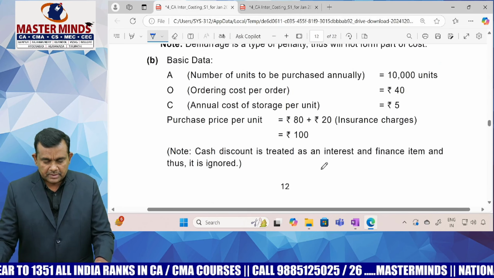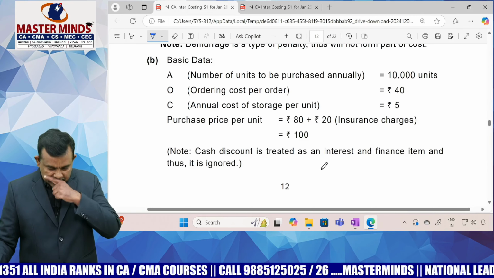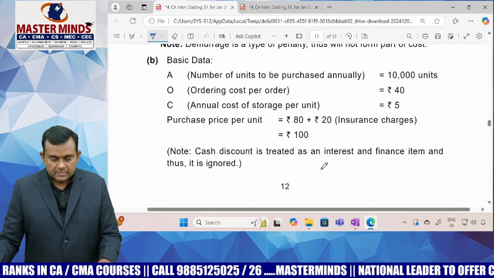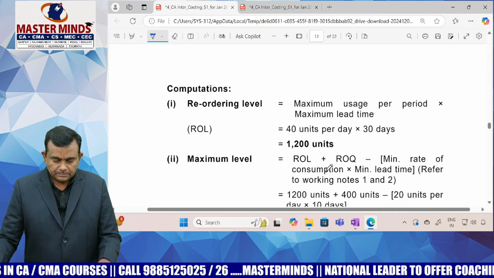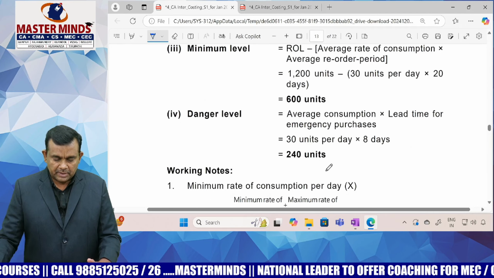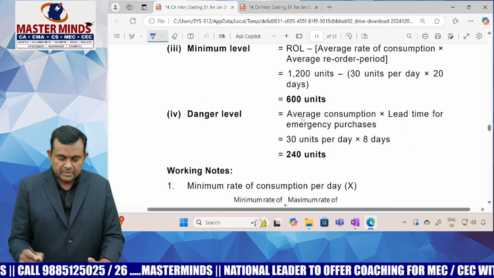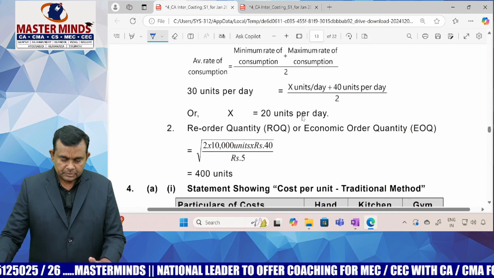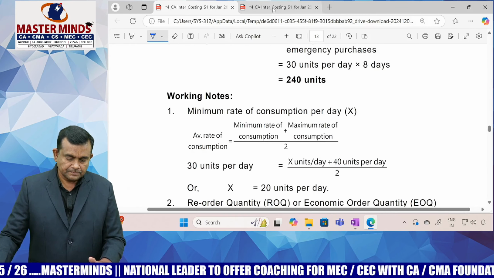Unit price of raw material 100 rupees. Cash discount is treated as non-operating income, sir; simply it is ignored. So here, reorder level, maximum level, minimum level, danger level. The danger level formula is average consumption into lead time for emergency purchase. So this is the material cost.